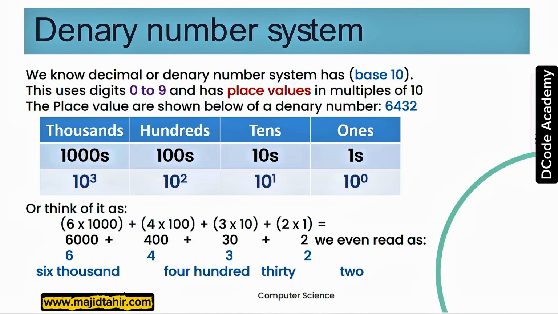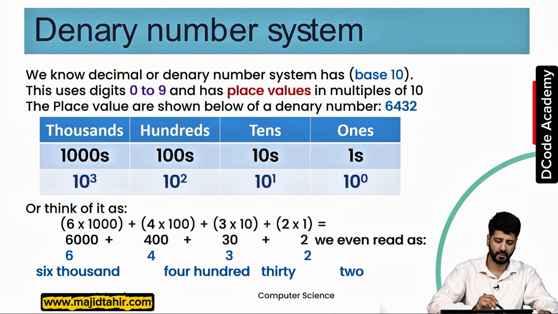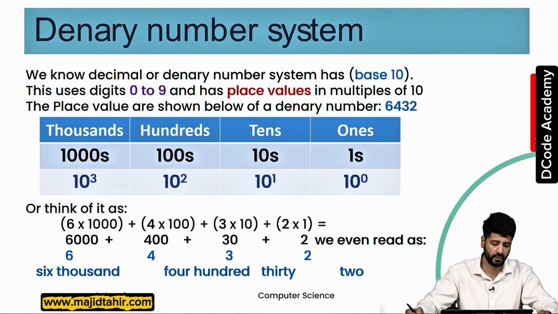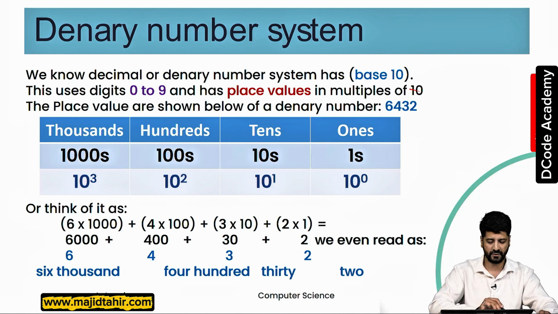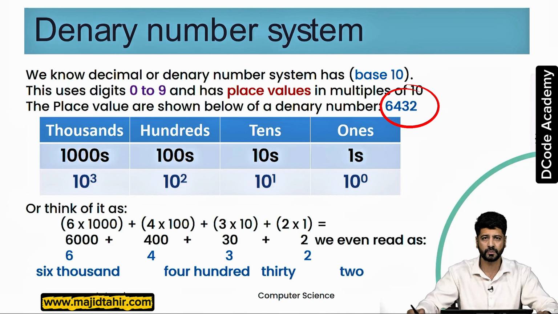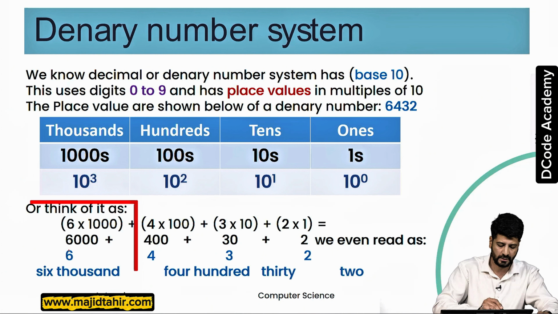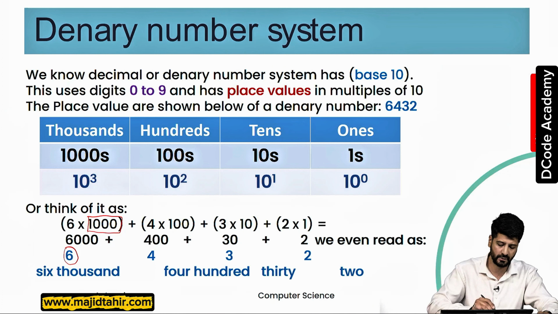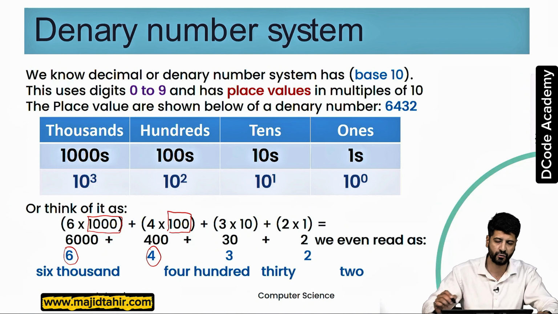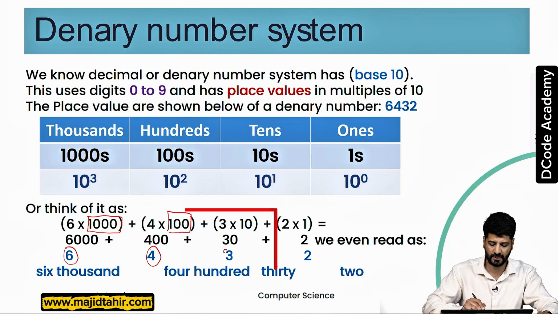Okay, how do we calculate in the number system? For example, you can see we have the number 6,432. How this number is made is basically this 6 is multiplied by its place value, which you can see over here, 6 into 1000. 4 is multiplied by its place value, which is 100. 3 is multiplied by its place value, which is 10, and 2 is multiplied by its place value, which is 1.